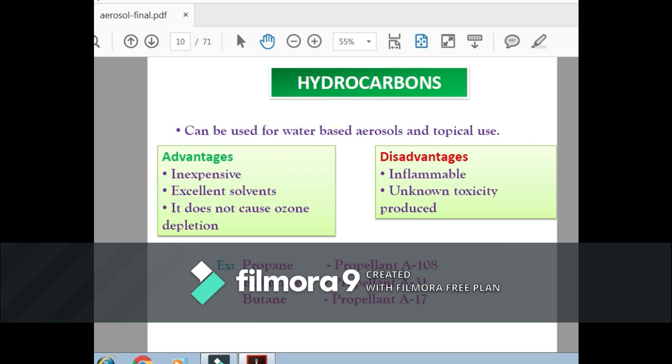So most drugs can be dissolved into such kind of propellants, and it does not cause ozone layer depletion. Then disadvantages of hydrocarbons are they are inflammable, as well as they may have the ability to cause toxicity. Examples of hydrocarbons are propane, isobutane, and butane. So these are the examples of hydrocarbon propellants.